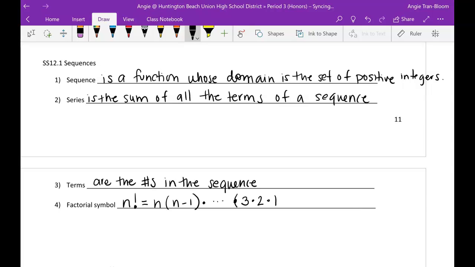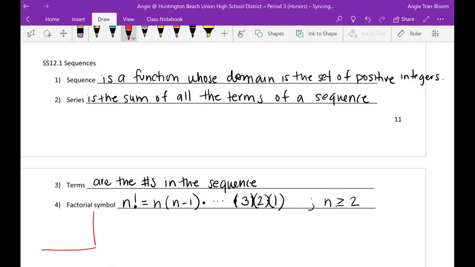If I don't want to use the dot, I can use parentheses to represent multiplication. For n greater than or equal to 2, because there are some special things with factorial.